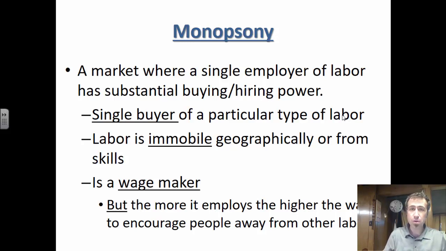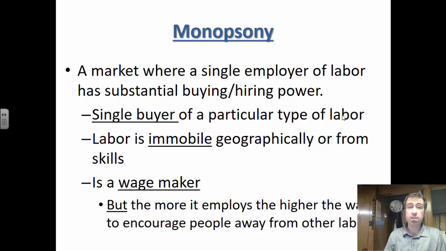They get to make the wages because, hey, if people want a job, they have to take the wage that this company is going to provide them. But, see, there's a but there: the more it employs, so if they hire more and more workers, they have to pay a higher and higher wage to encourage more people to come and work for them. So if it's a small town and they want more and more people to work for them, they're going to have to pay higher and higher wages to get people to stop working at some other company and come work at their company.